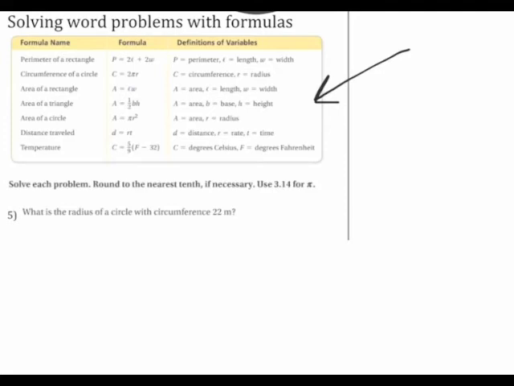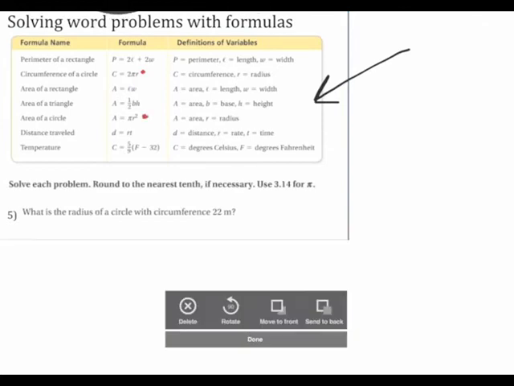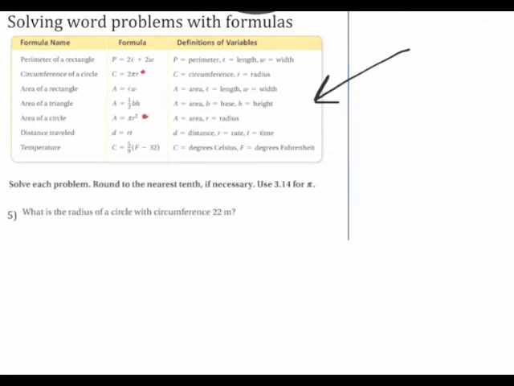Okay, so the first question we need to ask ourselves is, which of these given formulas will help us solve this problem? Well, we're interested in a circle, so it's either this formula or it's this one right here. Let's see, what are we given? We are given the circumference and we want to know the radius.